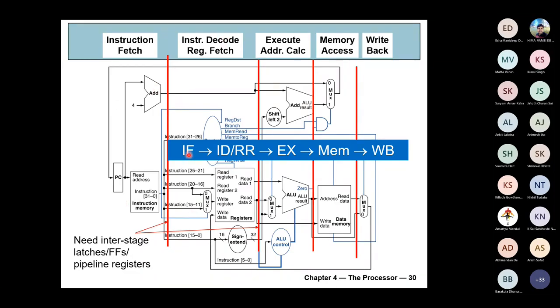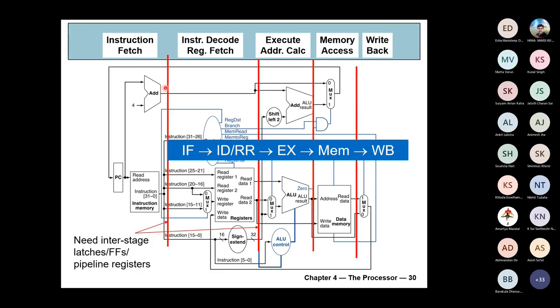Based on that, the next module will perform instruction decode and register fetch, and whatever the processor does here, those intermediate results will be saved here so that they can be accessed by the next step. And as you move from left to right, another instruction will come and so on. So that's how this pipeline occurs.